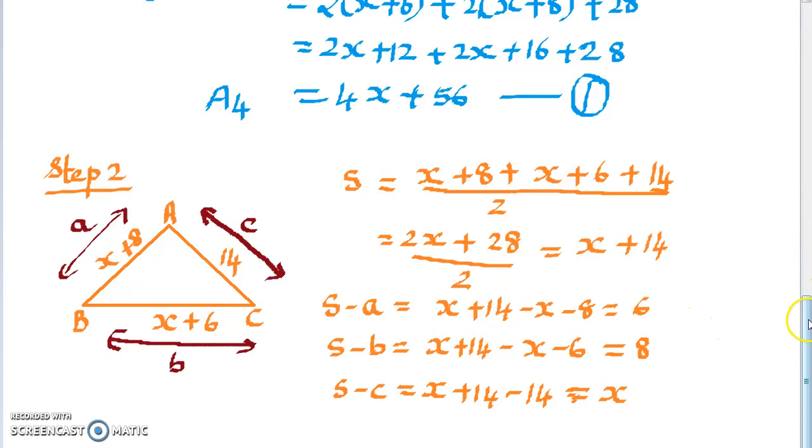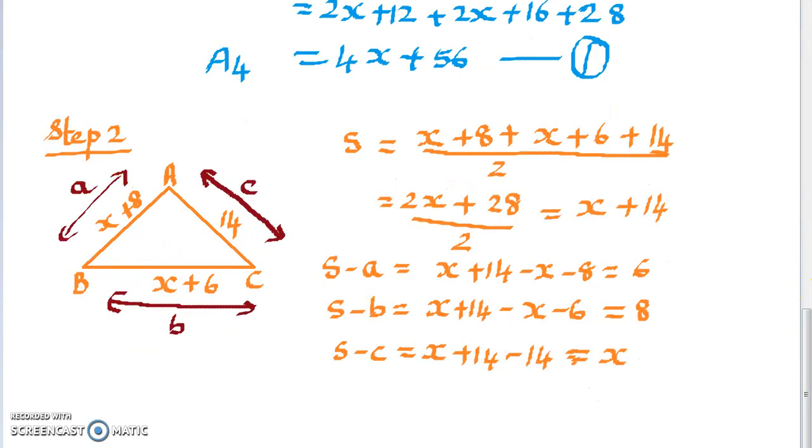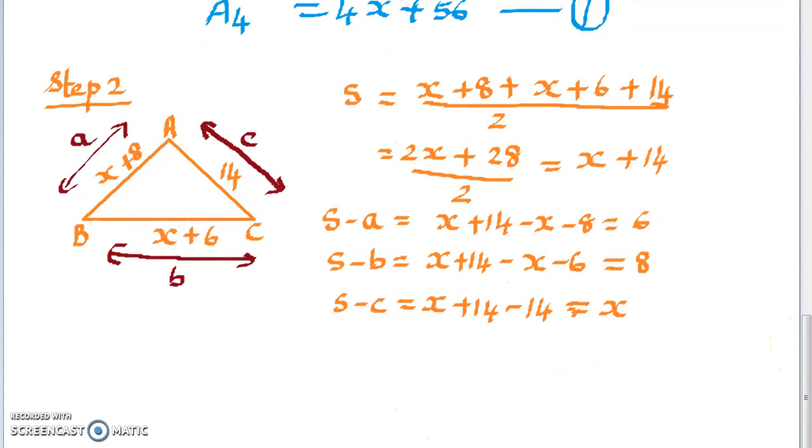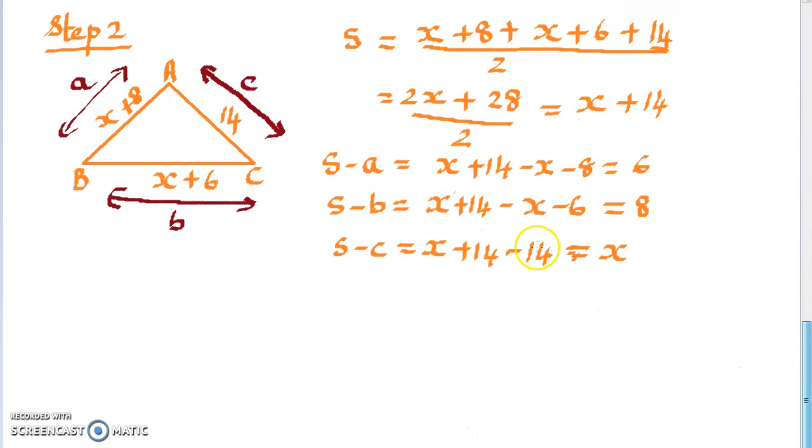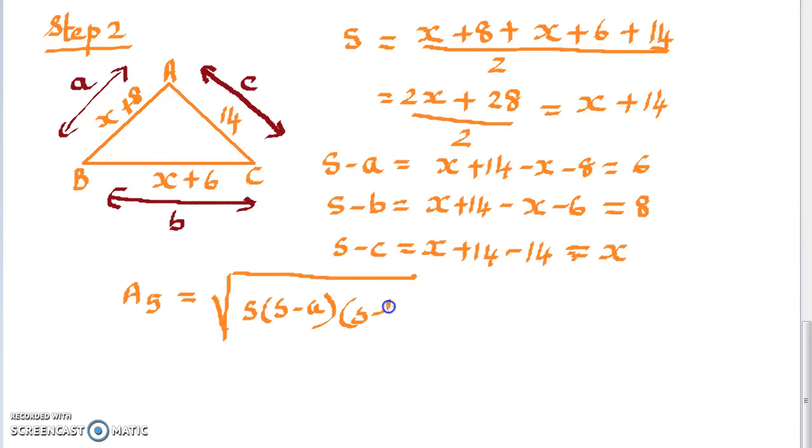Now we'll be putting it in Heron's formula. So Heron's formula is area, let's say A5, equals the square root of s times s minus a, s minus b, and s minus c.